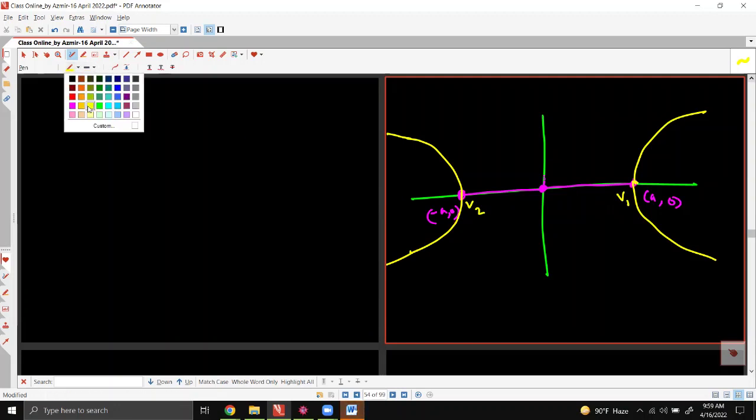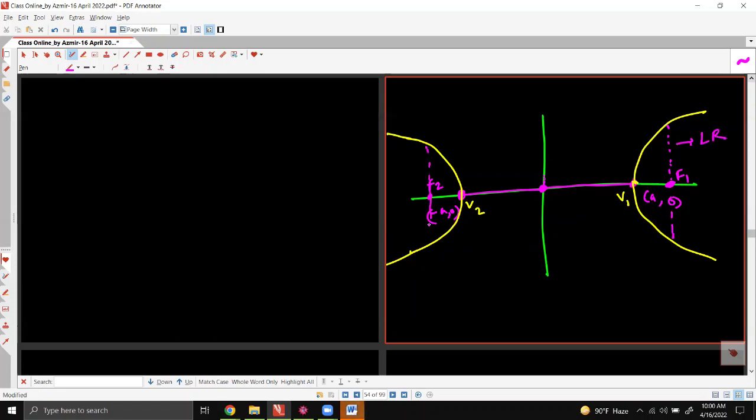If we have the vertex, then we must have the focus. So focus 1, focus 2. From focus we have latus rectum. And now the distance that we have here, on the opposite side, with the same distance, we will get the equation of directrix.